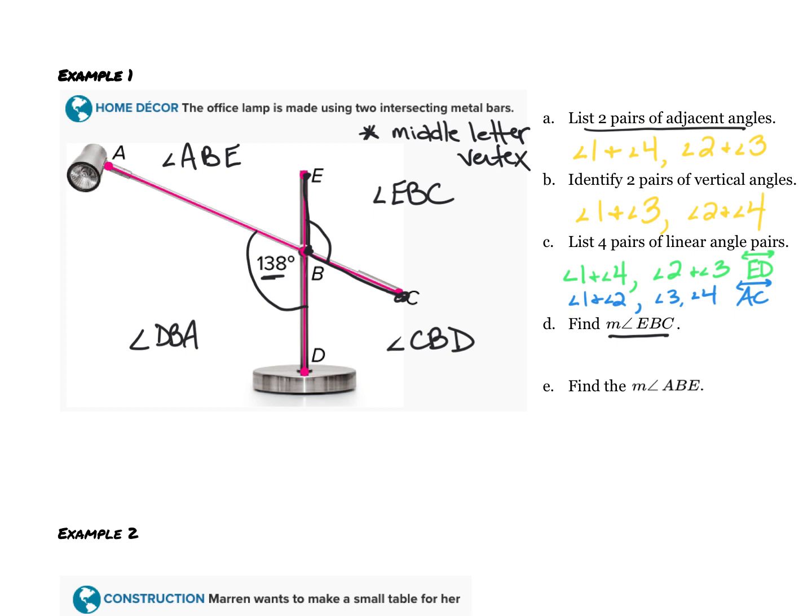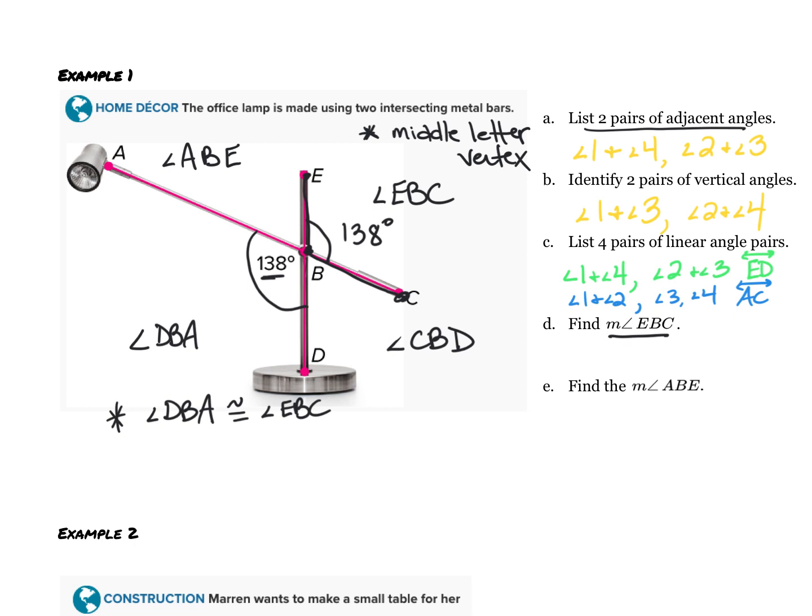And the other thing I mentioned about vertical angles is that they are always congruent. So angle DBA is congruent to angle EBC. So if DBA is 138 degrees, this will also be 138 degrees.